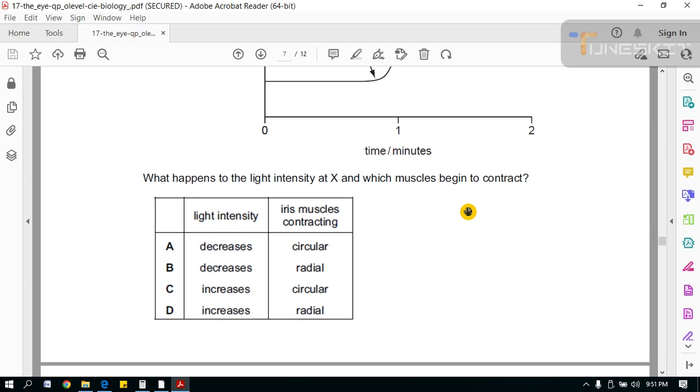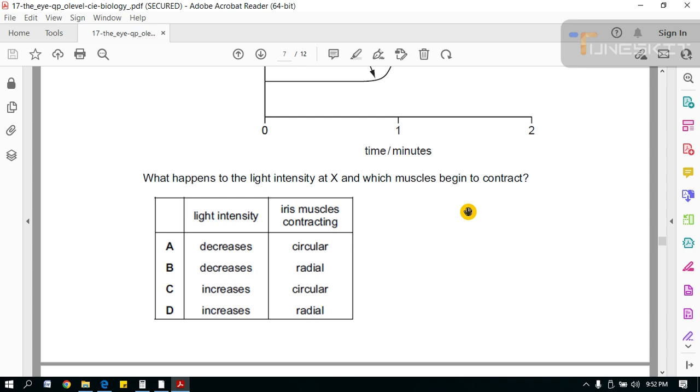When radial muscles contract, the light intensity is decreased, and the size of the pupil becomes enlarged, right? So it means option B is correct.